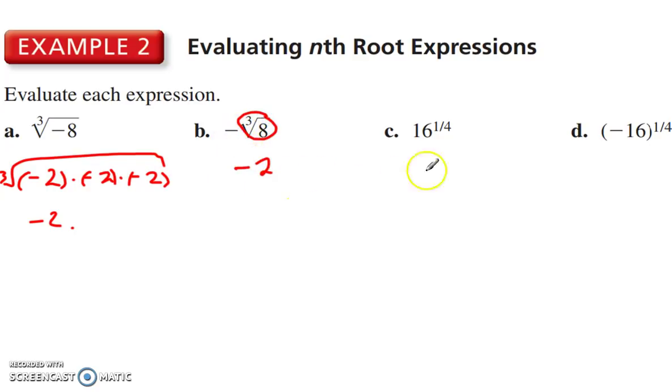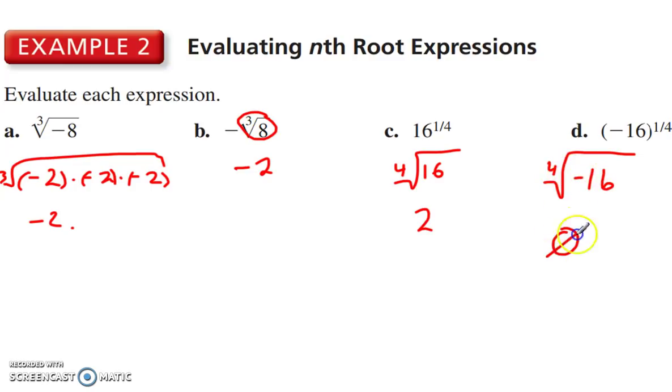That stays, so it's still -2. Here, we can rewrite this as the fourth root of 16. We just looked at that example a moment ago. That is 2. And this right here is the fourth root of -16. Notice the index is even. There's a negative, so there's no solution.